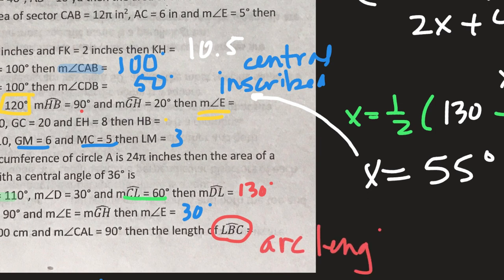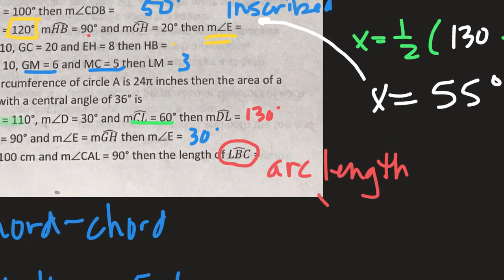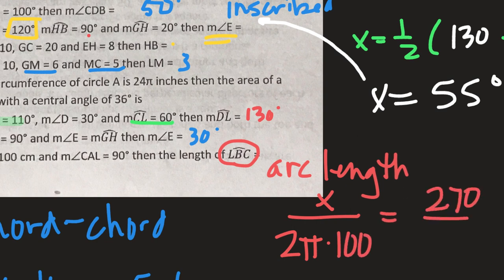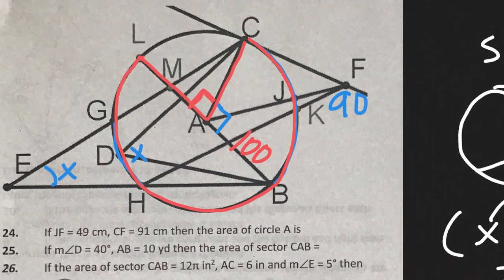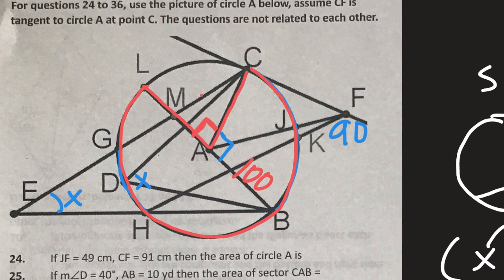So arc length, there is a proportion, right? The formula is the proportion. So arc length over circumference, 2 pi r, equals the angle over 360. So if we had a 90-degree angle, then all the rest of it is going to be 270, right? So this is 90 degrees, which means the angle that we want is 270.